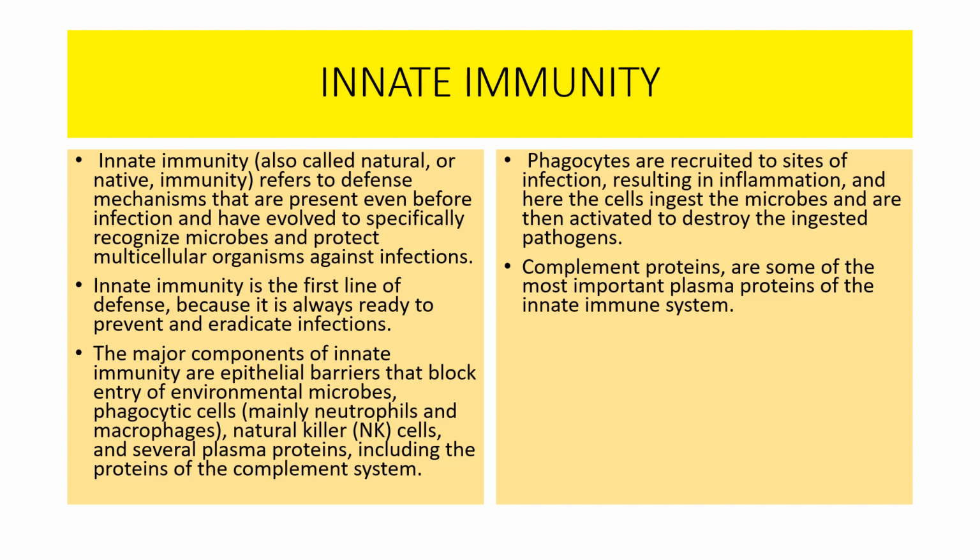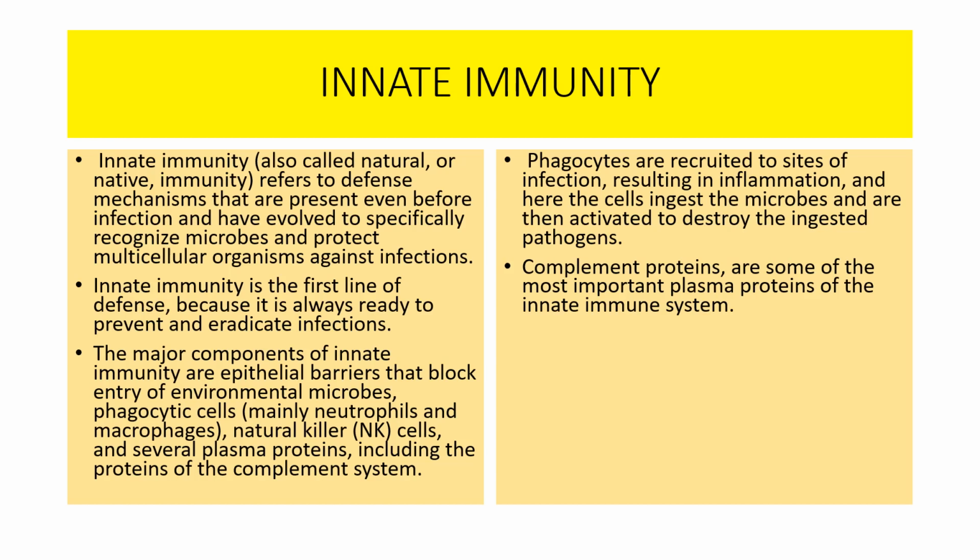The major components of innate immunity are epithelial barriers that block the entry of environmental microbes, phagocytic cells, mainly the neutrophils and the macrophages, natural killer cells, and several plasma proteins, including the proteins of the complement system.